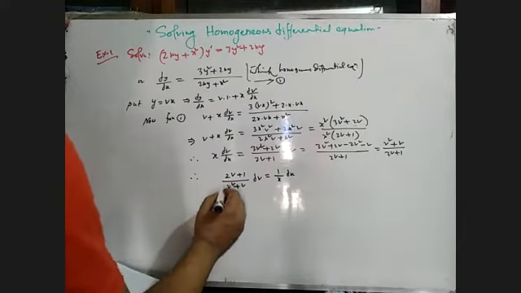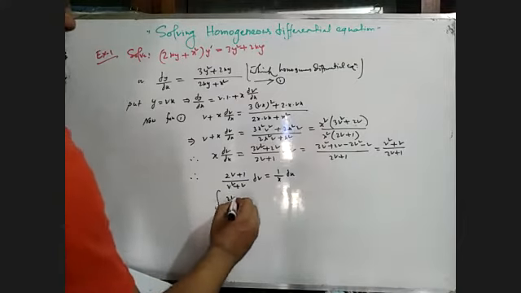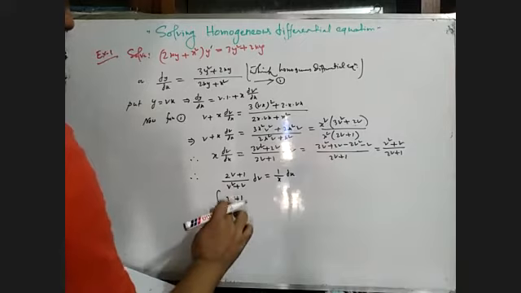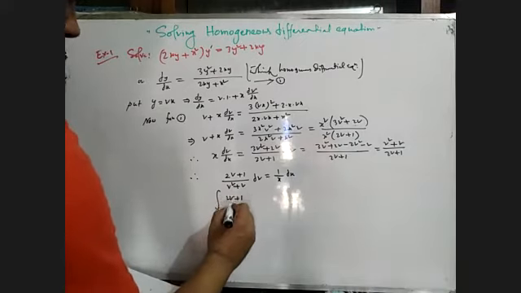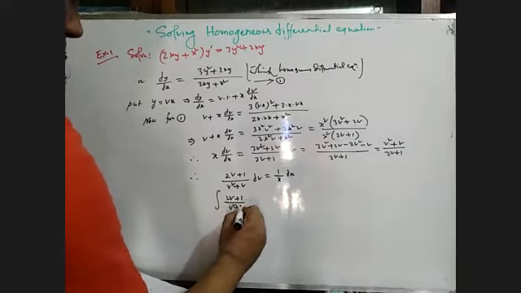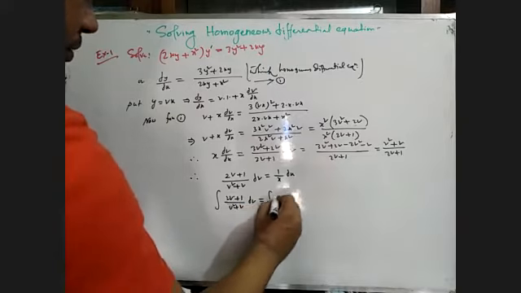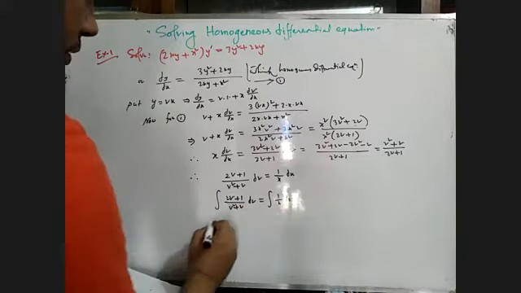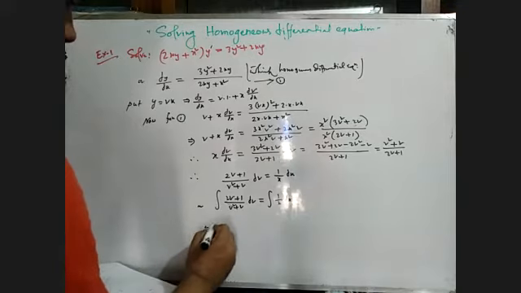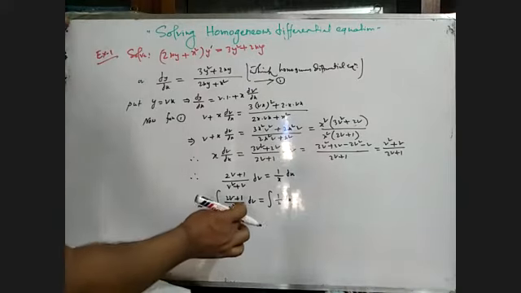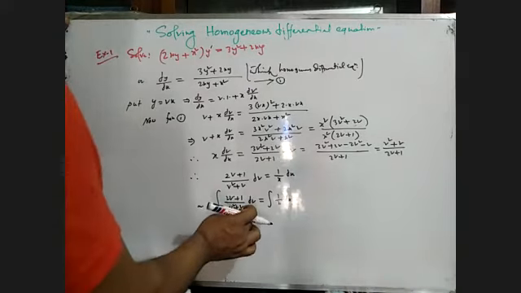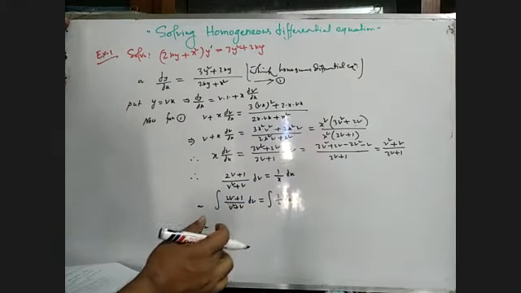So now integrating on both sides, (2v plus 1) divided by (v square plus v) dv equals to, actually the differentiation of the denominator is equal to the numerator.